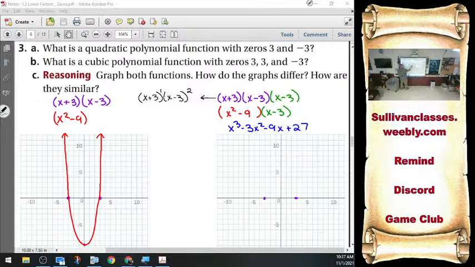This happened one time. So at -3, it's going to go through it like a line. This happened 2 times. So at +3, it's going to act like a parabola.